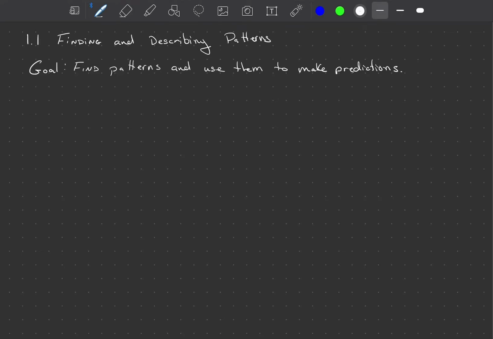Okay, so today's lesson, finding and describing patterns. The goal that we're trying to take away is that we can find patterns and then use them to make predictions. A couple pieces of vocab we should think about. A pattern is a regular and intelligible form or sequence that we can discern in a situation or with numbers or shapes.